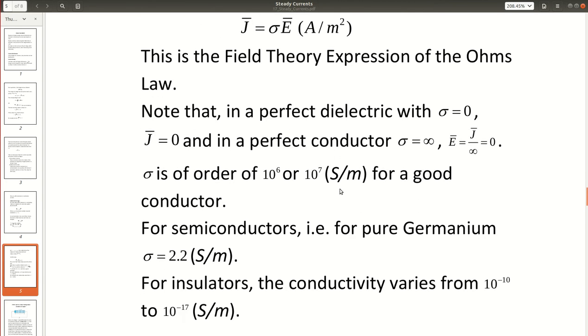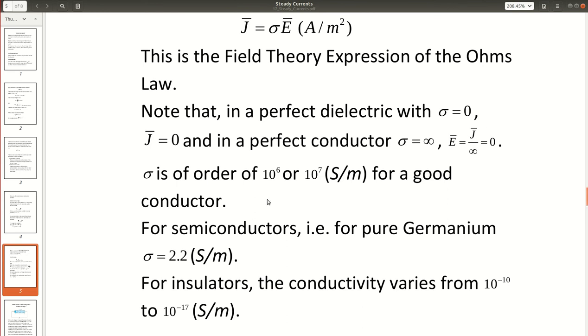Now, in a perfect dielectric there is no conductivity, so sigma is 0 and J is 0. In a perfect conductor, sigma goes to infinity and E is J over infinity, so it should be 0.